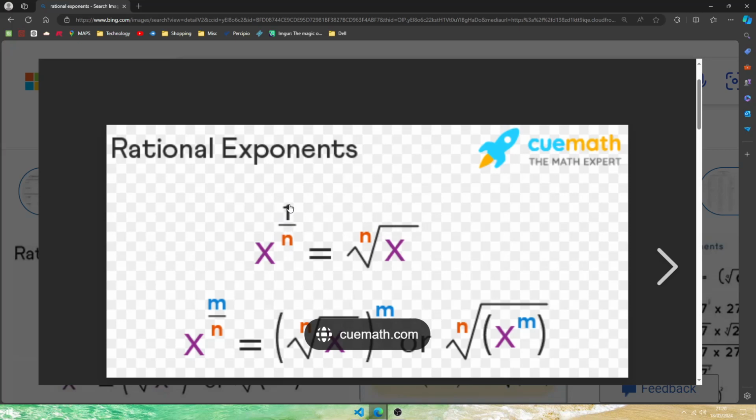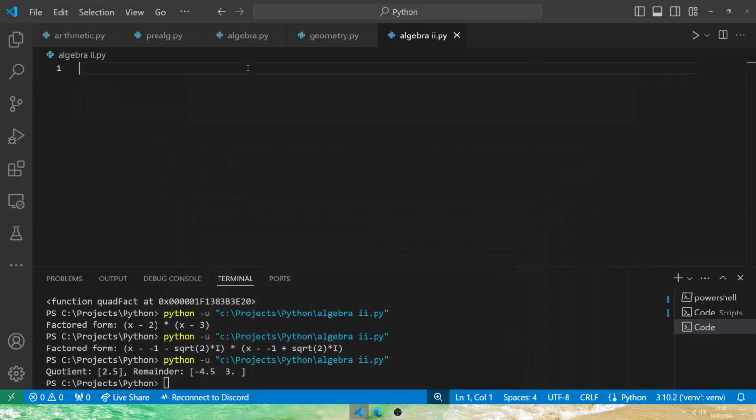So let's say this 1 is a 2 and the n is a 3, just for the example. So this would be x to the power of 2/3, pretty much. This means we take the cube root of x and we square the result of it.